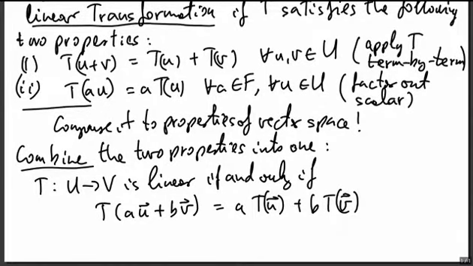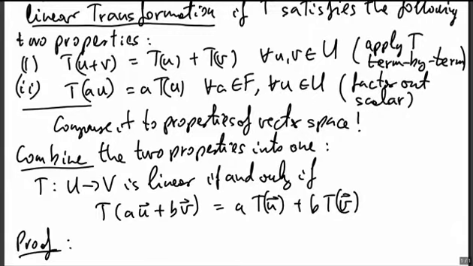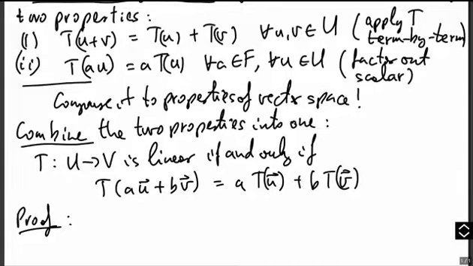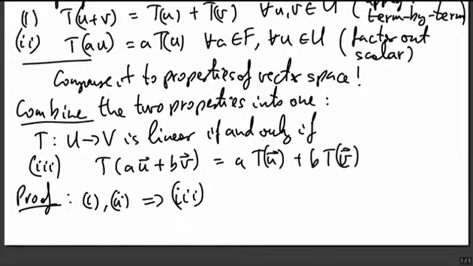Let me show the steps of the proof just to practice proofs. Just showing the identity between the two. Let me call this 3. So 1 and 2 implies 3. So we want to show that 3 is true using 1 and 2.